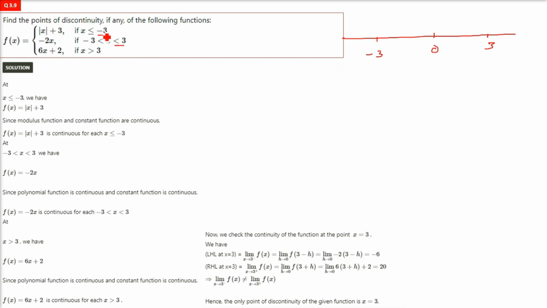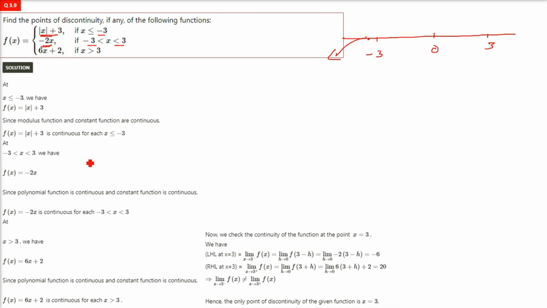So when x is less than minus 3, on the left hand side, you are going to use mod x plus 3. When you go right of minus 3, you are going to use minus 2x.